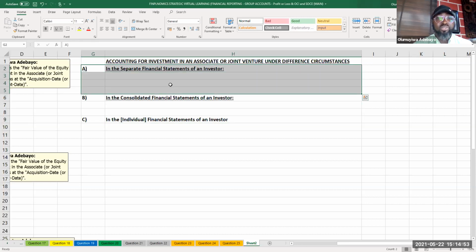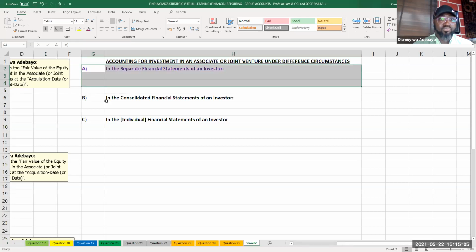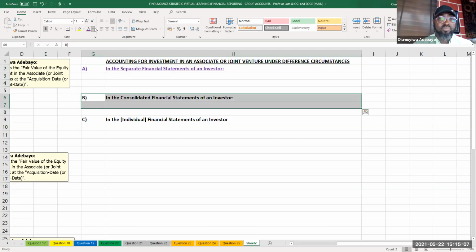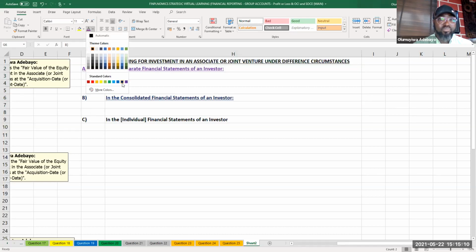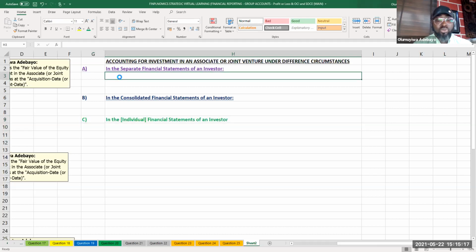I'll use different colors to signify them. Who can tell me the difference between separate, consolidated, and individual financial statements of an investor? I can give you a try.